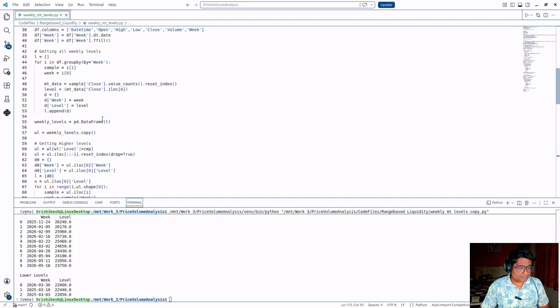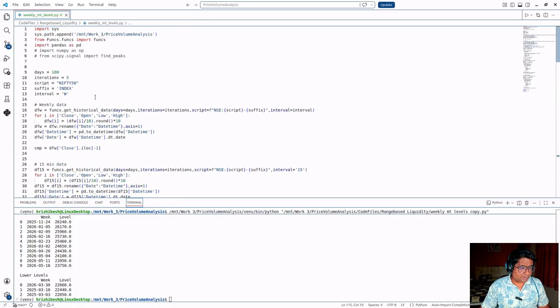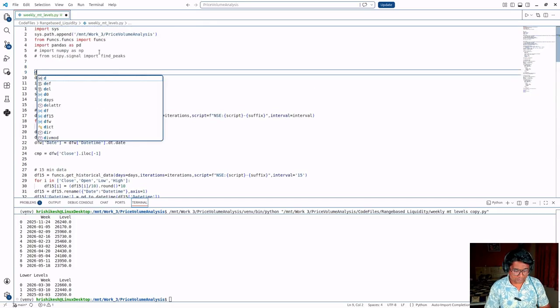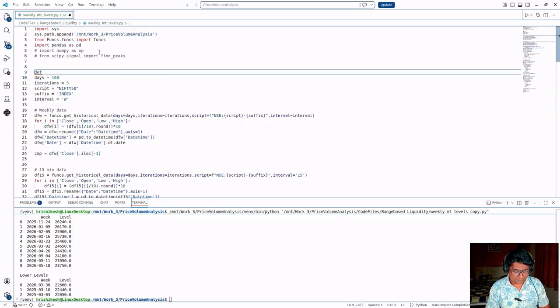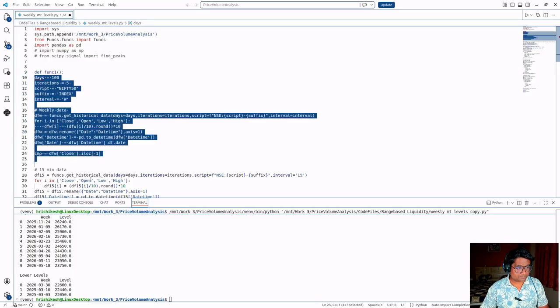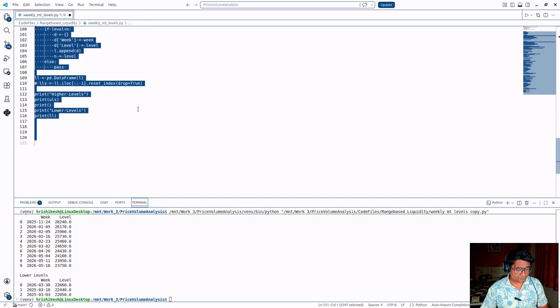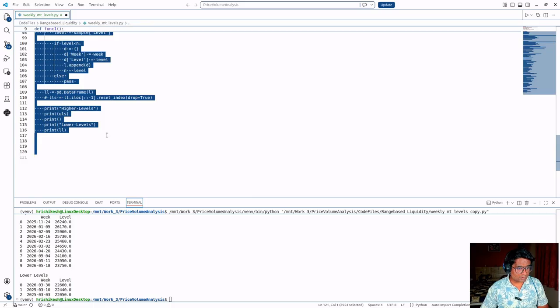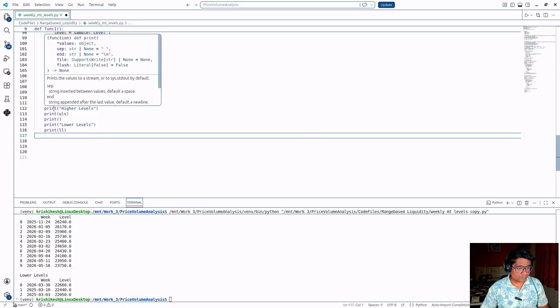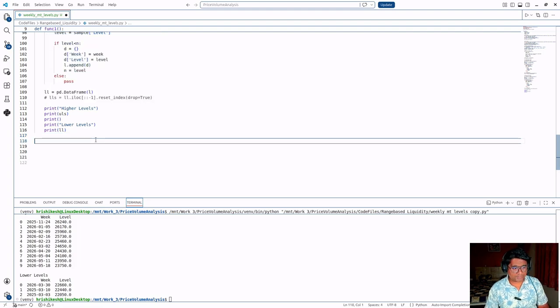So I'll just create a function for this. Let's call it func1. And yes, let it print.